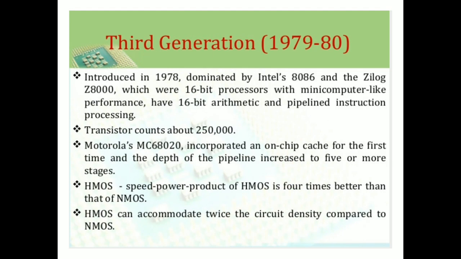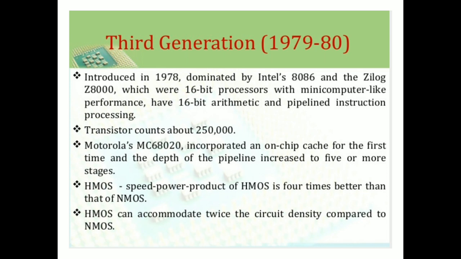So the third generation, introduced in 1978, was dominated by Intel's 8086 and Zilog's Z8000, which were 16-bit processors with minicomputer-like performance.